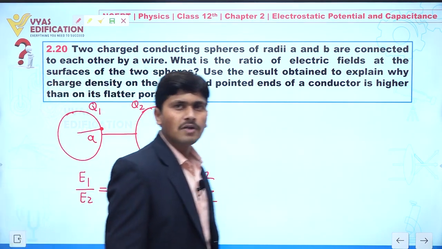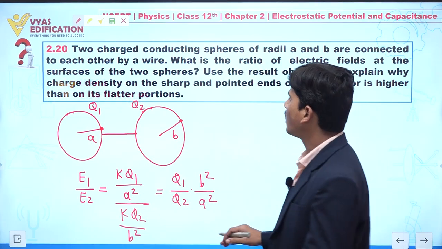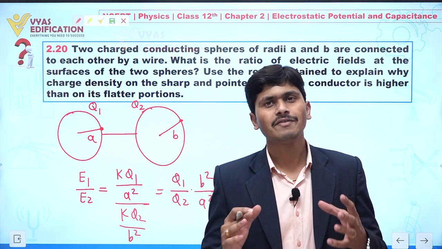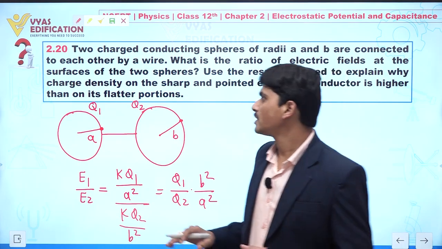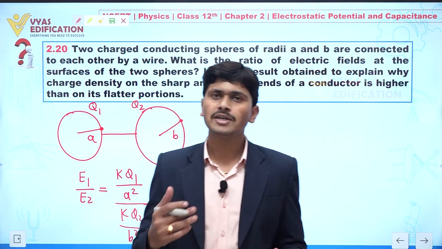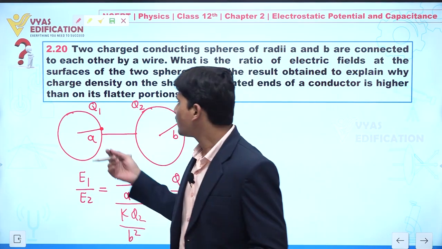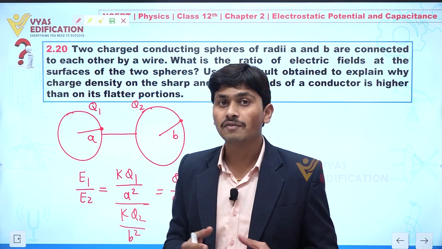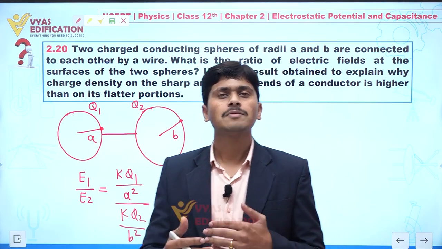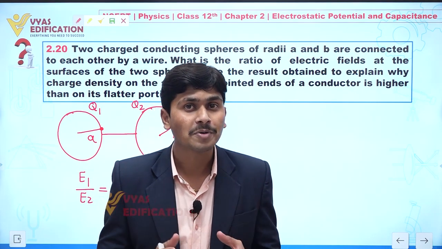Now let's suppose we have a sphere having radius A, another one having radius B, and each has some charge. It means this is a spherical conductor. So we can assume it as an isolated conductor initially, but when we connect these two spheres with the wire, charge will flow till both spheres gain a common potential.